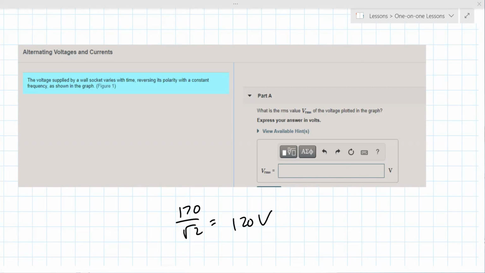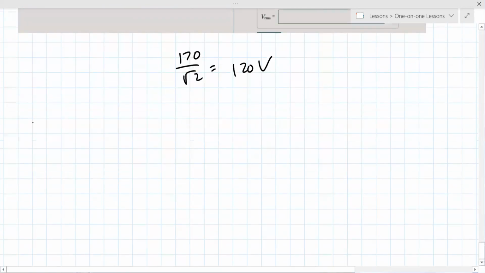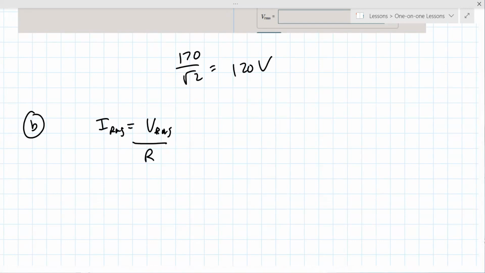Okay, so now part B is asking for IRMS for some sort of figure that you probably click through. So the IRMS formula for part B, IRMS is equal to VRMS over R. And do we know, I mean, it's probably 120.